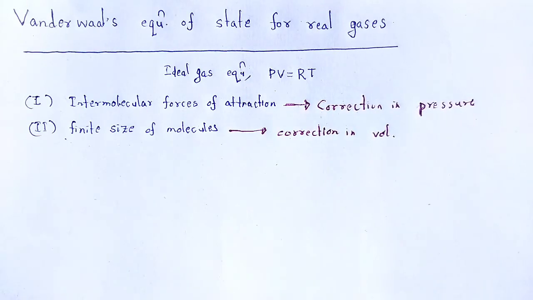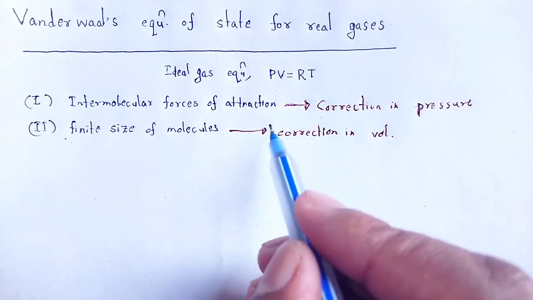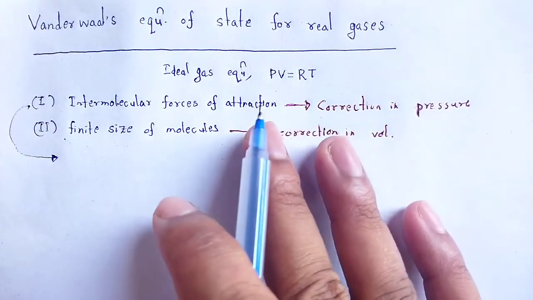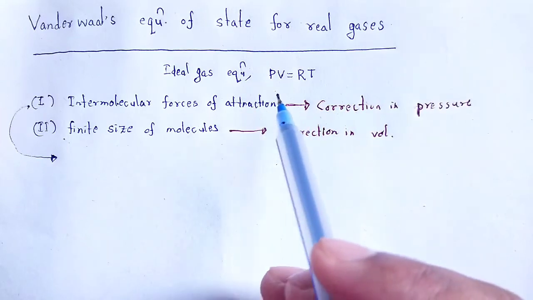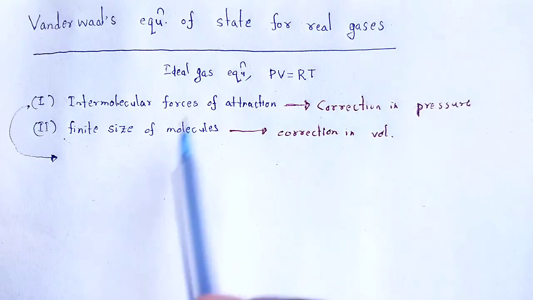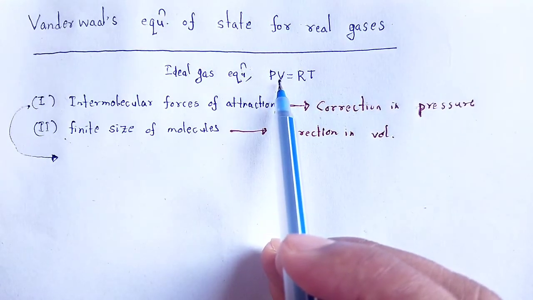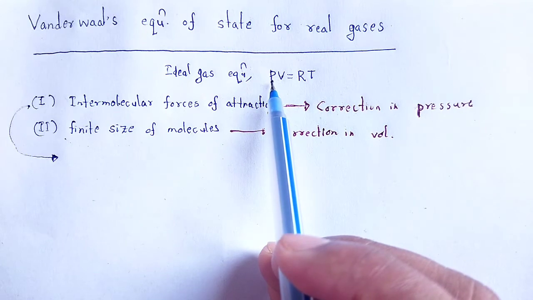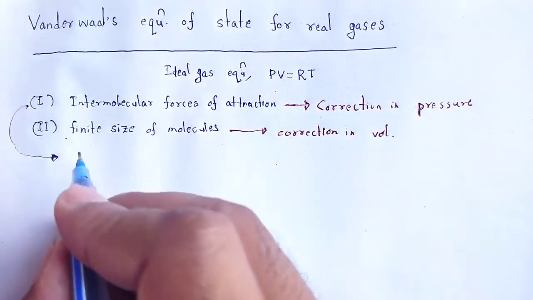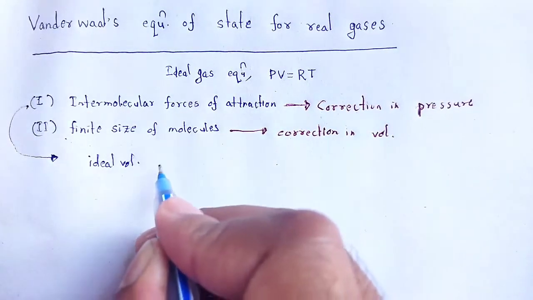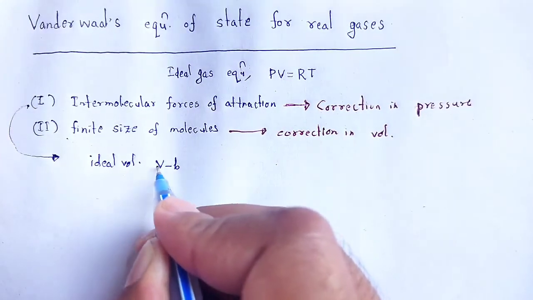First, the correction in volume. Van der Waals suggested that the correction term b should be subtracted from the volume V in order to get the compressible ideal volume, so that the ideal volume in the equation should be V minus b.